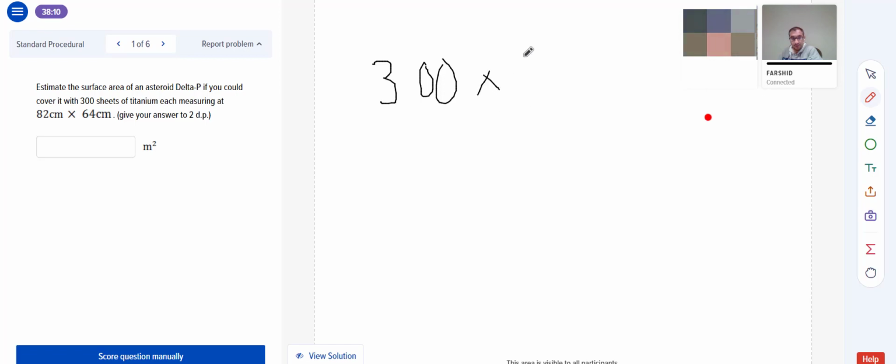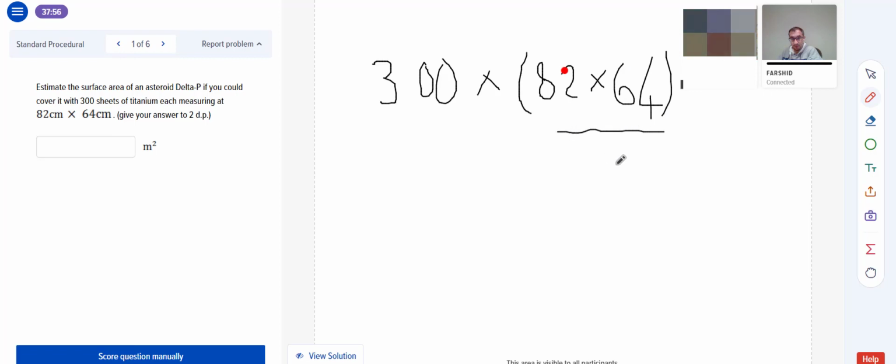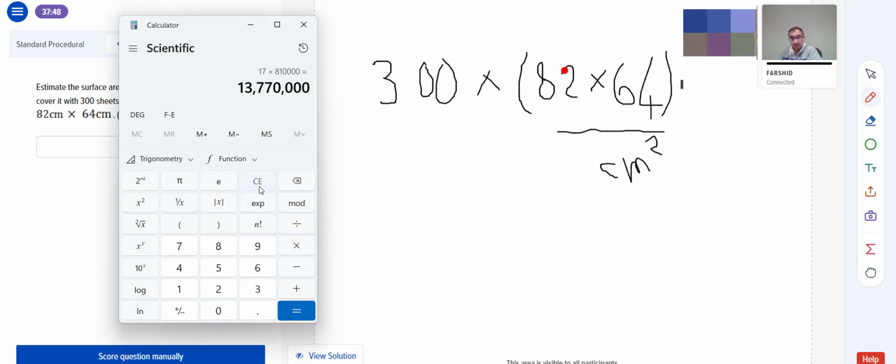So if you calculate the area of each titanium, it will be 82 multiplied by 64, and of course it will be in square centimeters. But you need a number in square meters. So let's calculate this one.